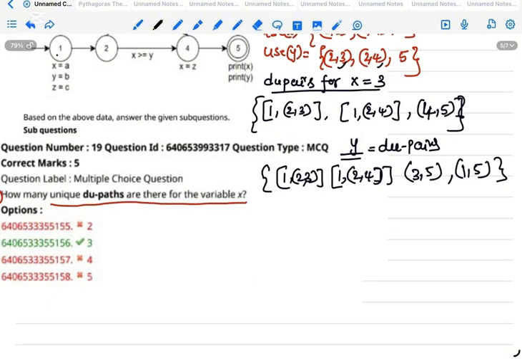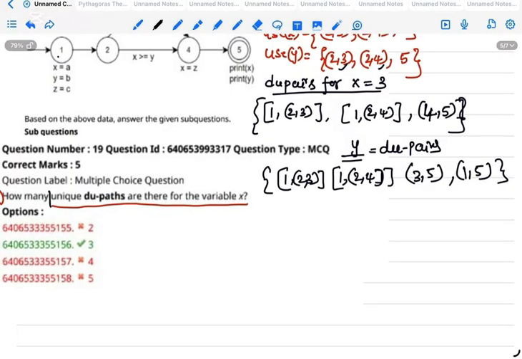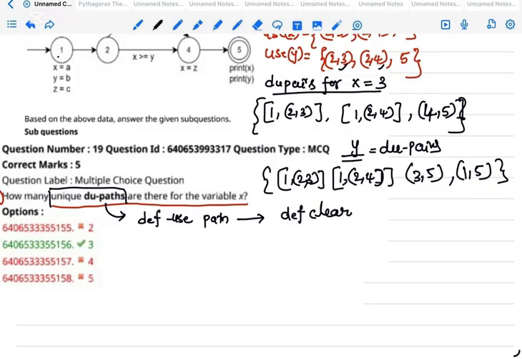So how many unique du paths? They are asking unique du paths. So what does du path mean? Definition, use, path. It should be a def-clear path. Definition, use, simple path.